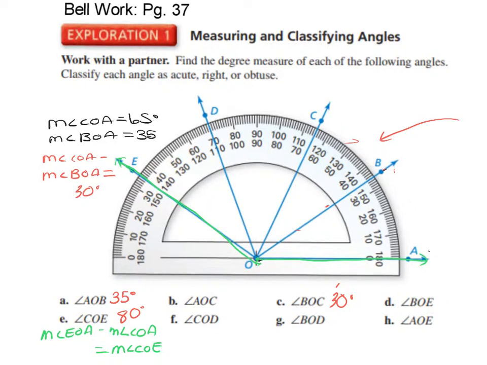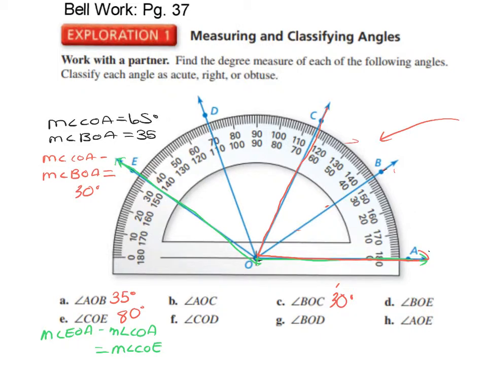When I take that large angle in green and I subtract it from COA, which is that measure in red, then I get COE. Questions?